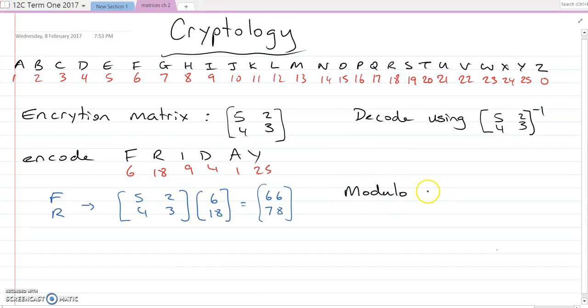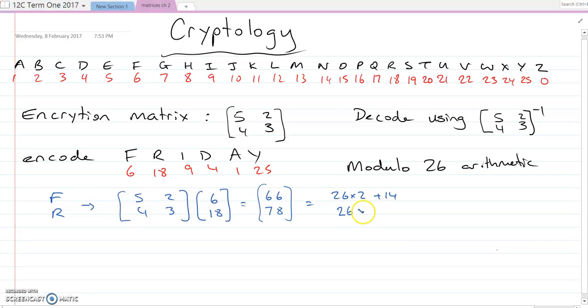We're going to use modulo 26 arithmetic. 66 is the same as 26 times 2, which is 52, plus 14. 78 is 26 times 3 plus 0. Remember, modulo is the remainder after dividing by 26.